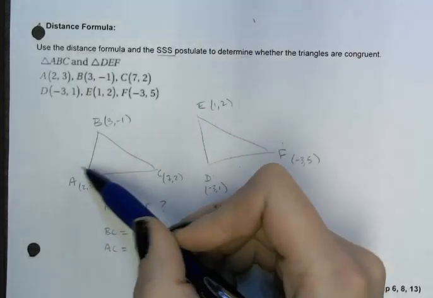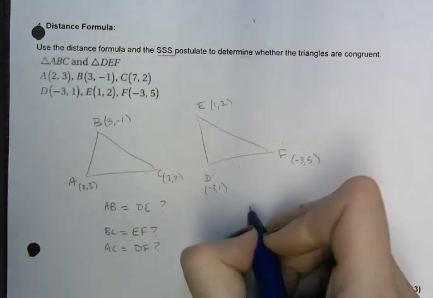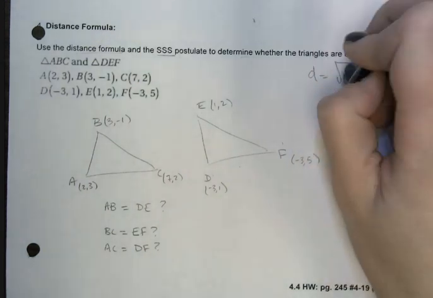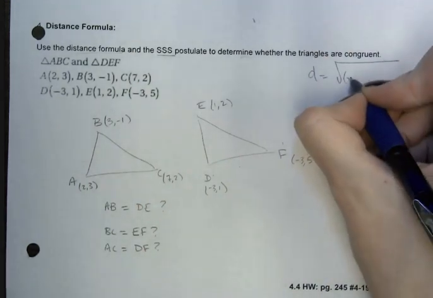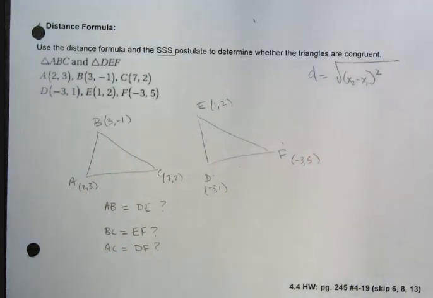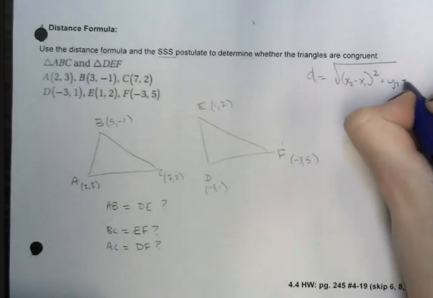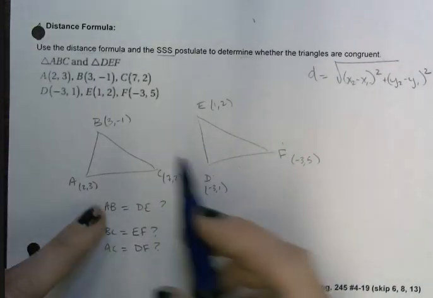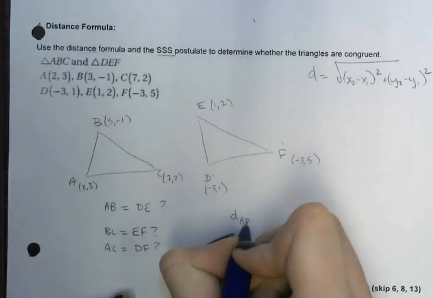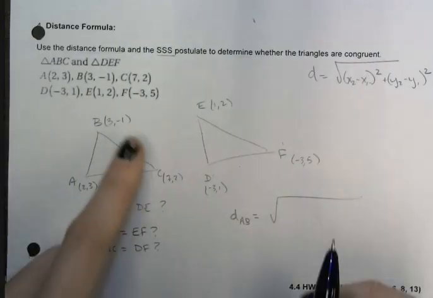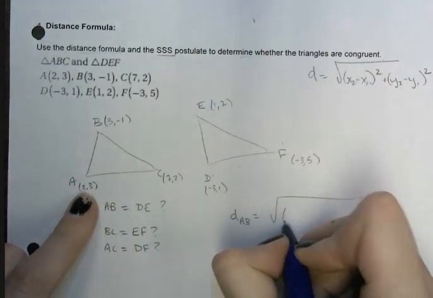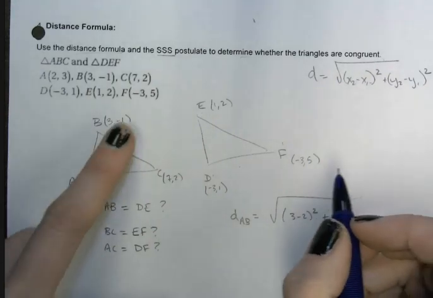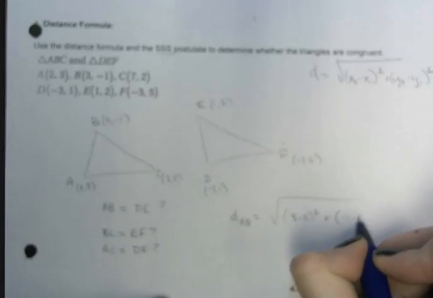So I can use the distance formula to find the distance between those. The distance formula, remember, is the square root of x2 minus x1 squared plus y2 minus y1 squared. So I'm just plugging in those numbers here. For the length of AB, I would do x2 minus x1, so I've got 3 minus 2 squared, plus, do the same thing with my y's, negative 1 minus 3 squared.